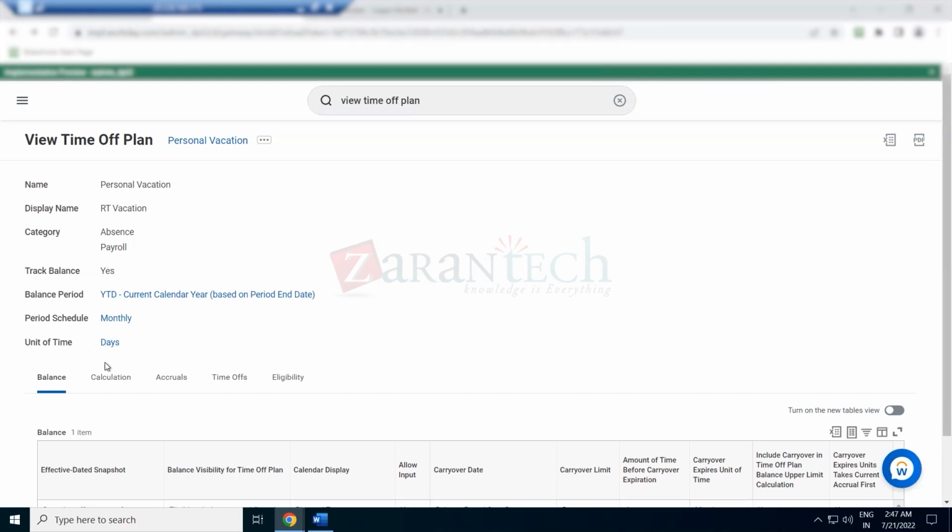I can have hours also: a day is like 8 hours, so if I complete one month of work, I'll get somewhere around 16 hours. I can define it over here, but you need to define either days or hours. That's the key point.